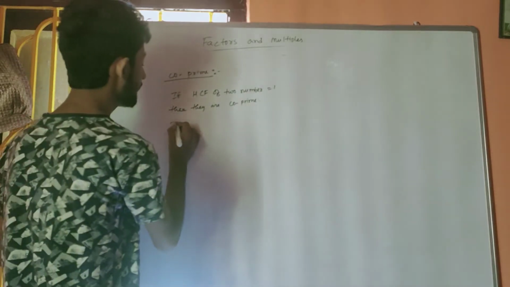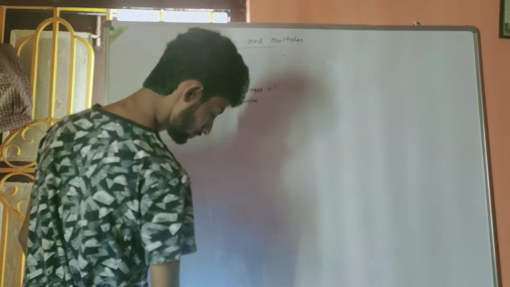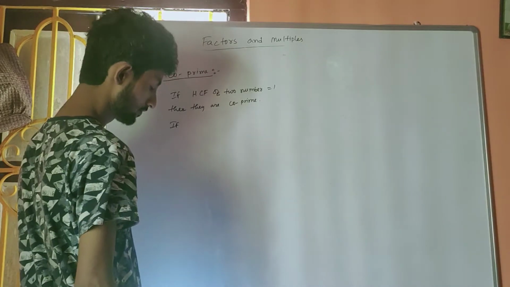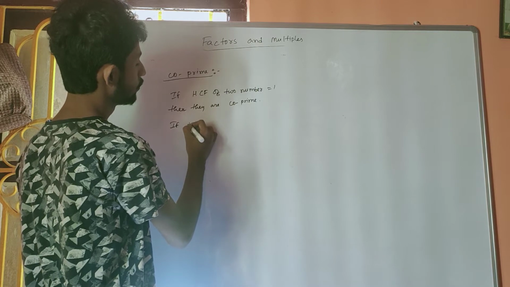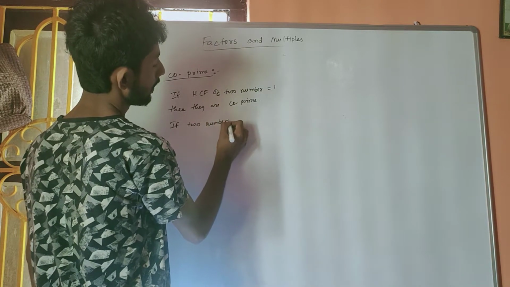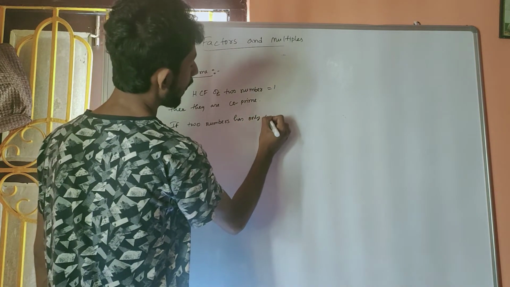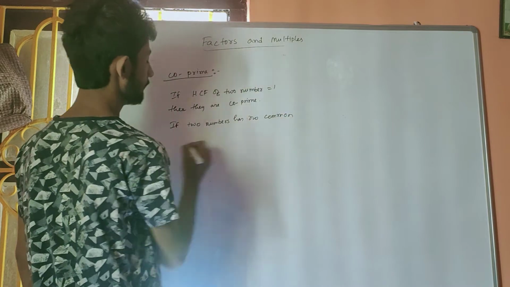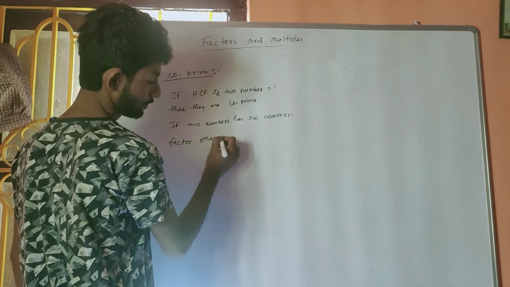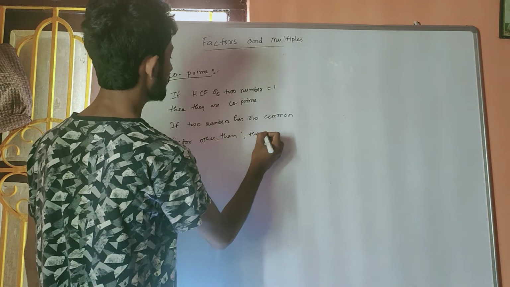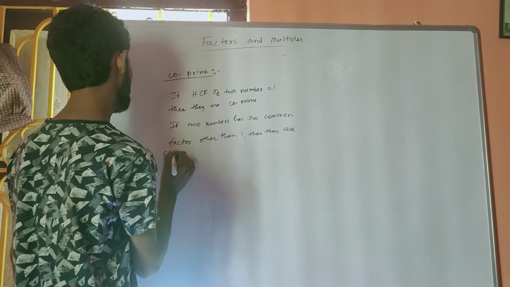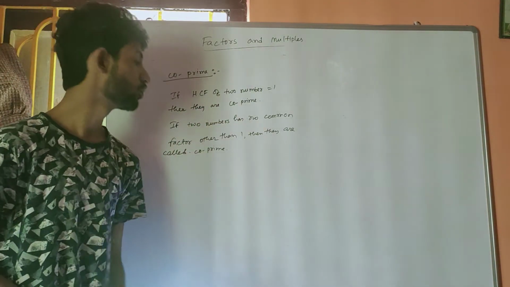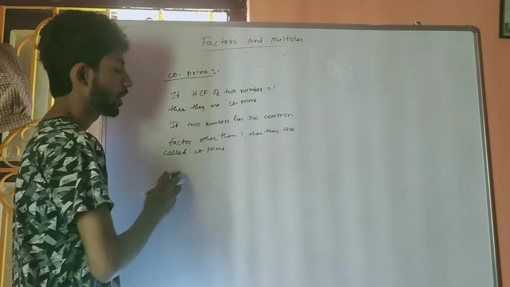Or you can say that if two numbers have no common factor other than 1, then they are called coprime.